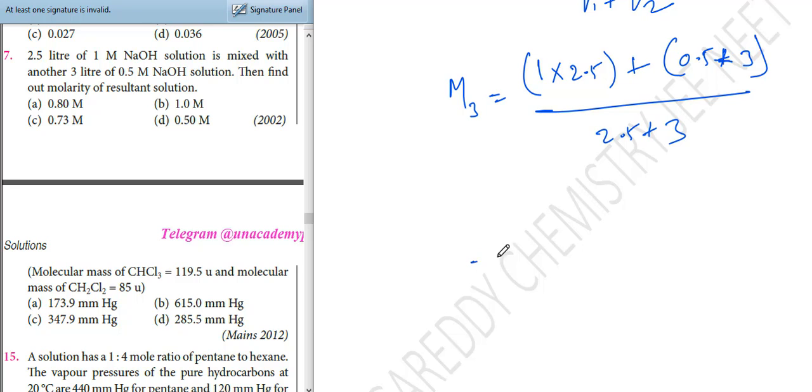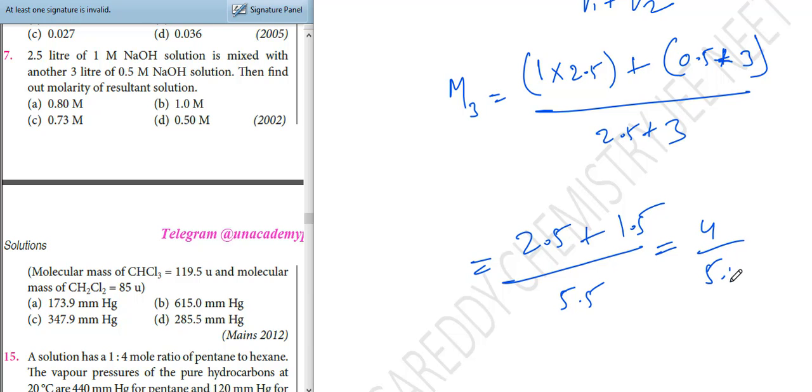Very simple question. So 2.5 plus 0.5 into 3, that is 1.5, upon 5.5. The numerator is 4, so 4 by 5.5. What is the answer? It will not be 0.5, not 1, the options are 0.8 and 0.7. Which is the correct answer?